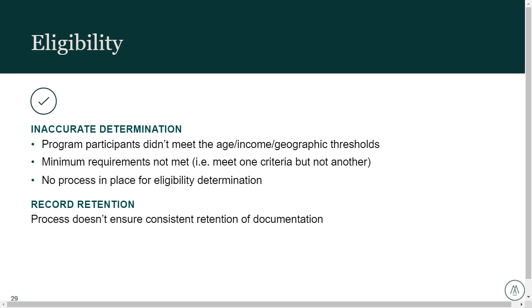We've seen this where maybe if there's a program for, say, income eligibility, it was done once, and then this person is a recurring participant of the program, but that verification was only done at the very beginning several years ago, and now that information wasn't retained. That's likely going to be a finding. So you want to make sure that if you do have a program that has participants that have ongoing participation in the program, that there are regular intervals where the records are updated and retained so that you have that information for your auditors.